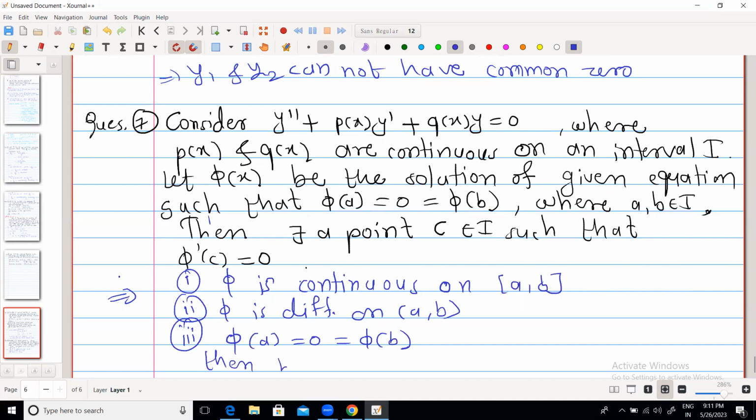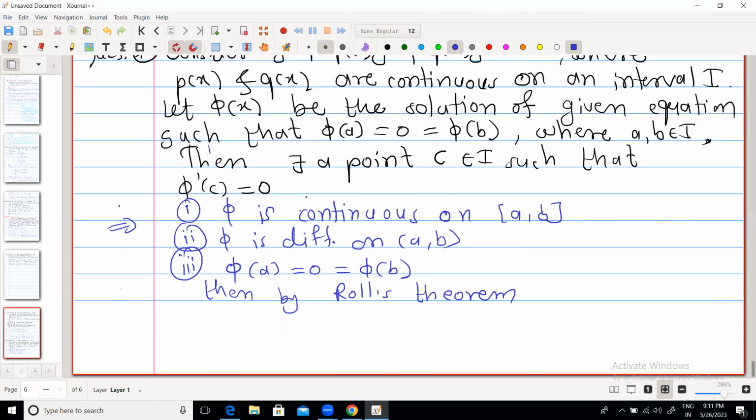Then by Rolle's theorem, there exists C belongs to interval AB, which is contained in I, such that phi dash of C is 0. Okay.